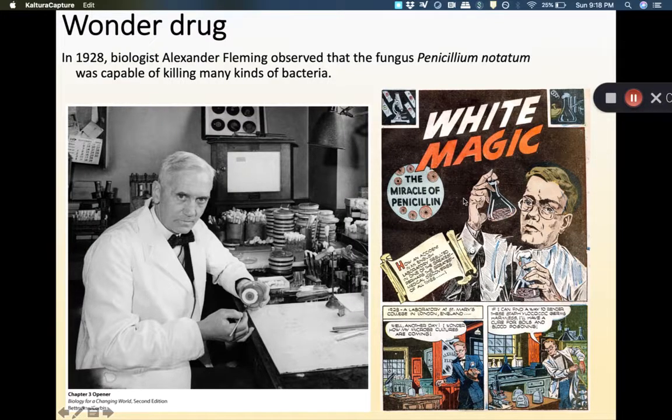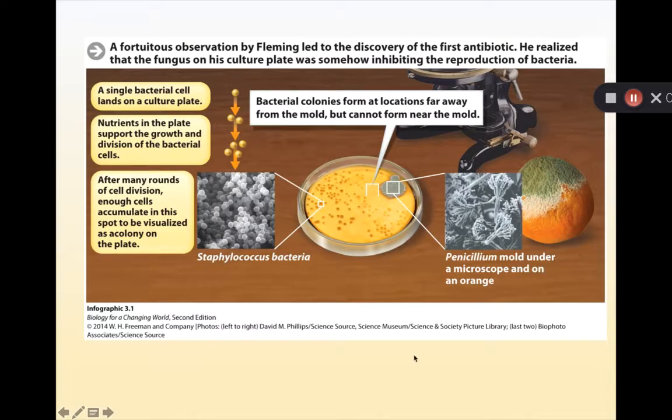This is a comic strip that was created in the 1930s honoring different scientists of the age, so I thought I'd include it here. This is more specifically looking at what happened on his petri plate.